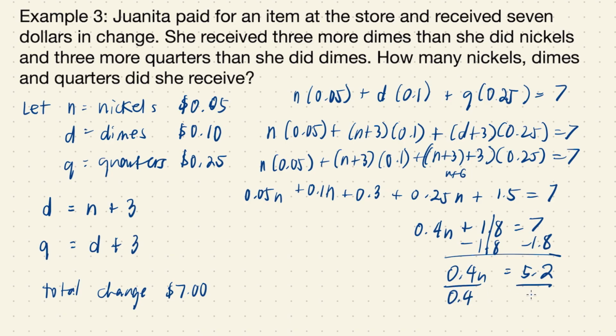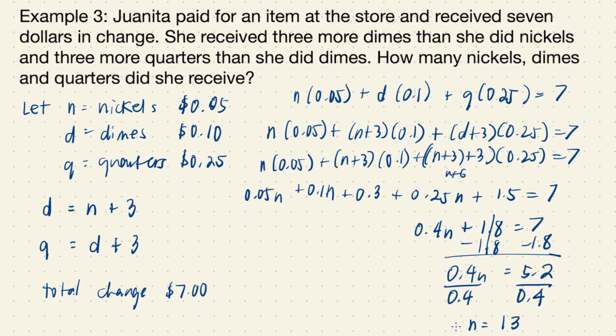Divide both sides by 0.4. So then we have n is equal to 5.2 divided by 0.4. Get n as 13. So the number of nickels is 13.